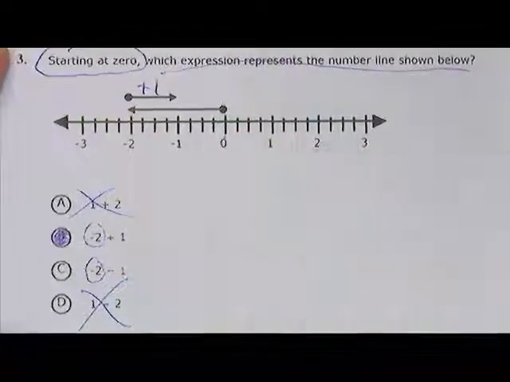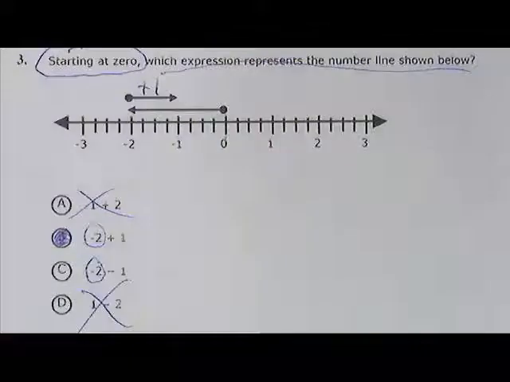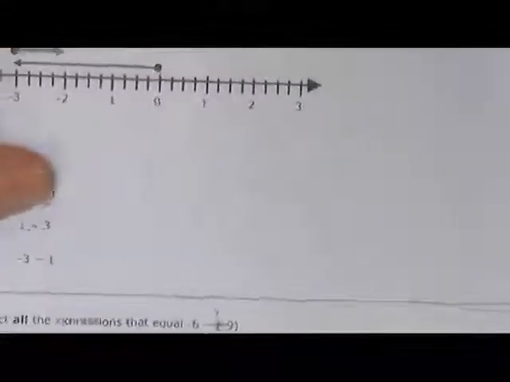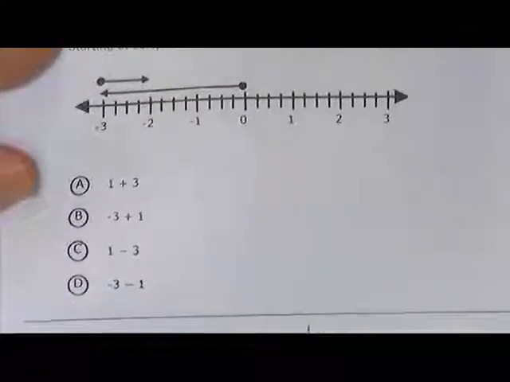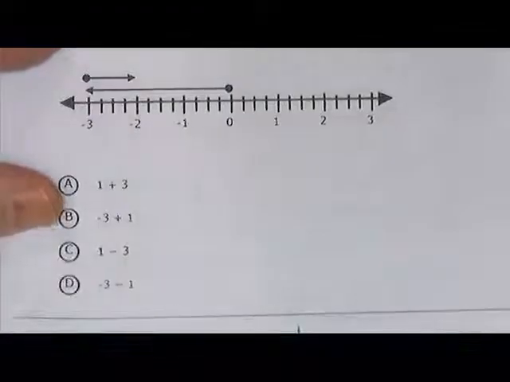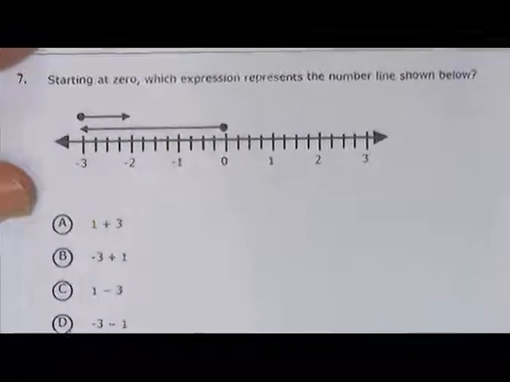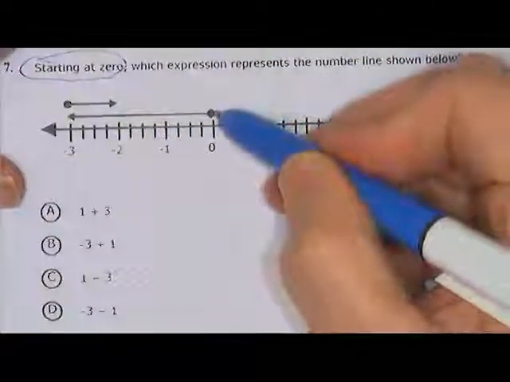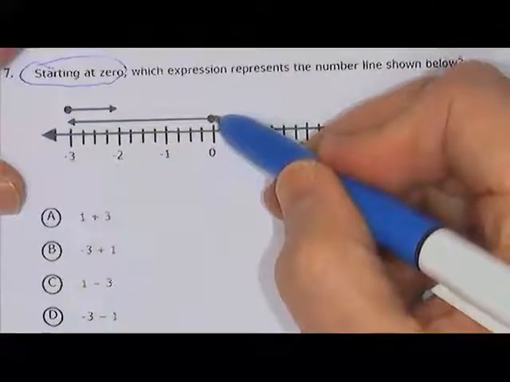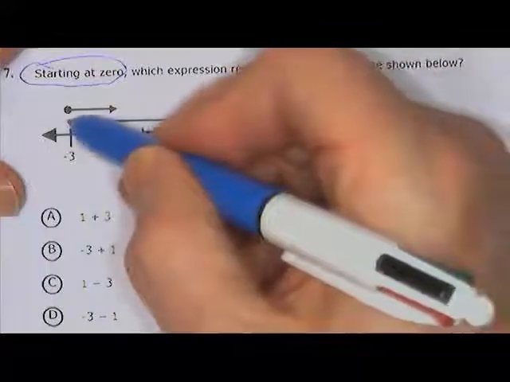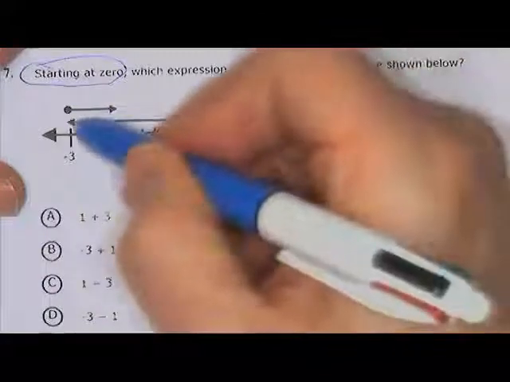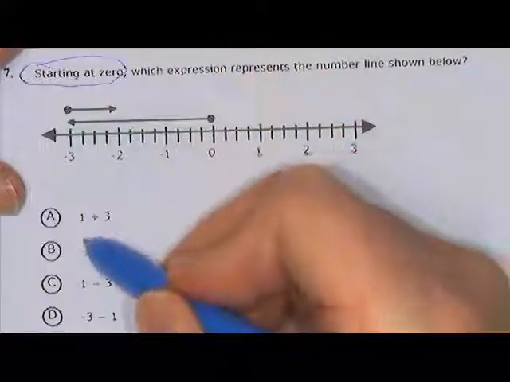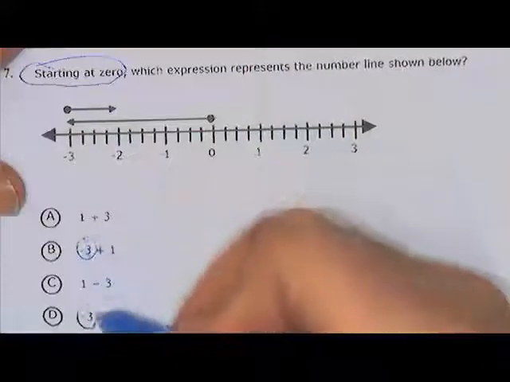Okay, let's look at 2 more. Same type of problem, starting at 0, it says. Well, here's 0, and it's going -3. The first number is -3. Okay, well, this one starts off at -3.